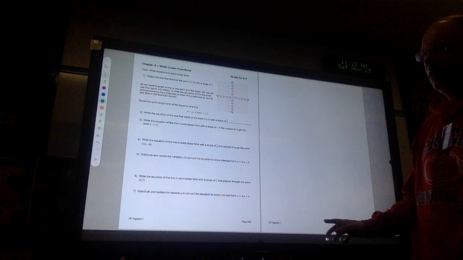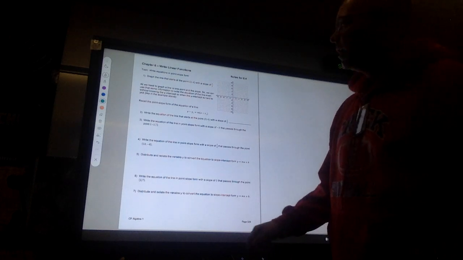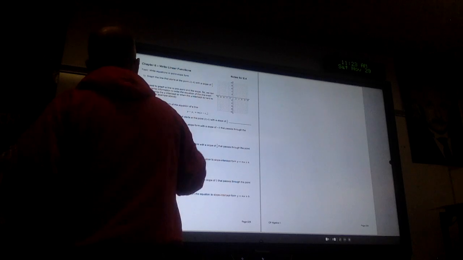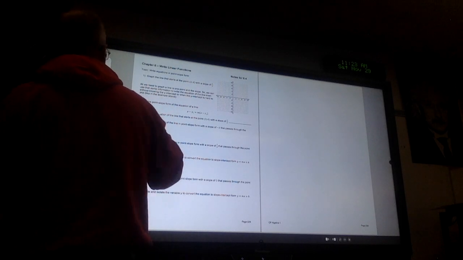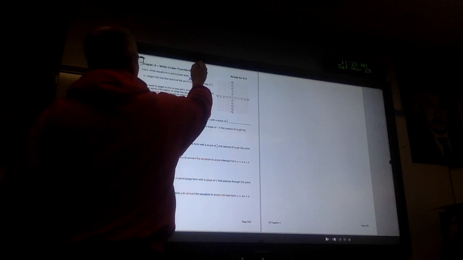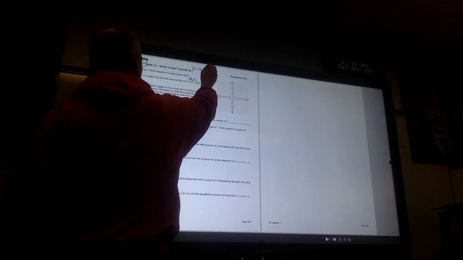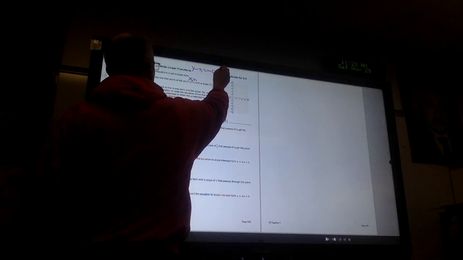And I'm going to keep this small so I can fill out the whole problem so I don't have to delete things down. Okay. In the equation, we have x1, y1. So that's x1, y1. And our slope, so our point slope is y minus y1 equals m times x minus x1.